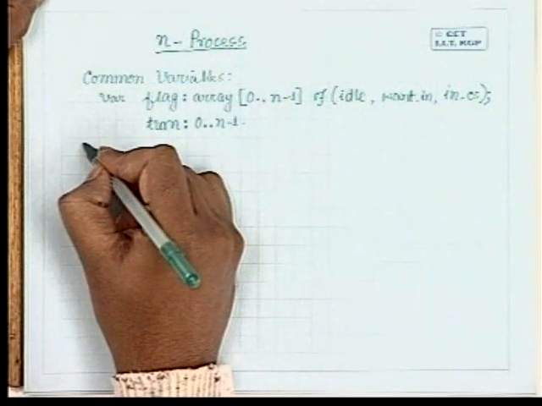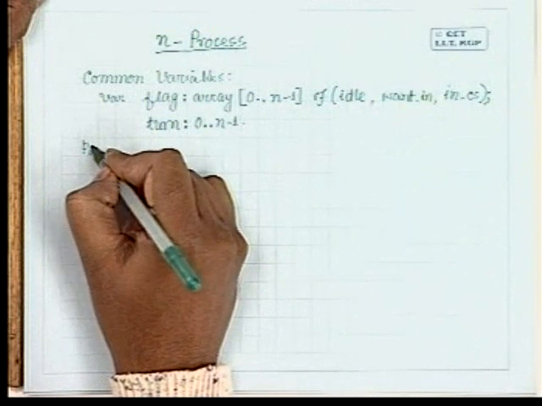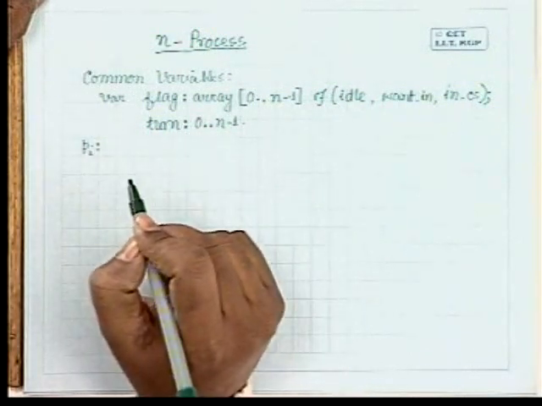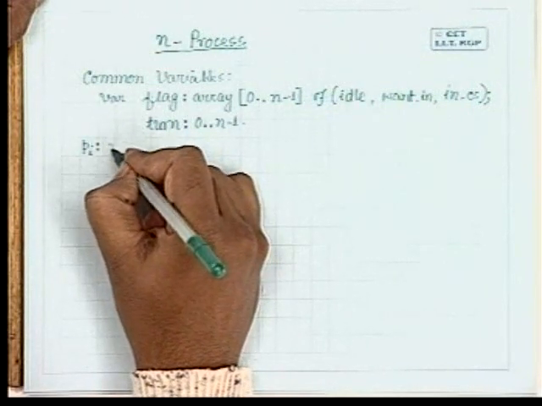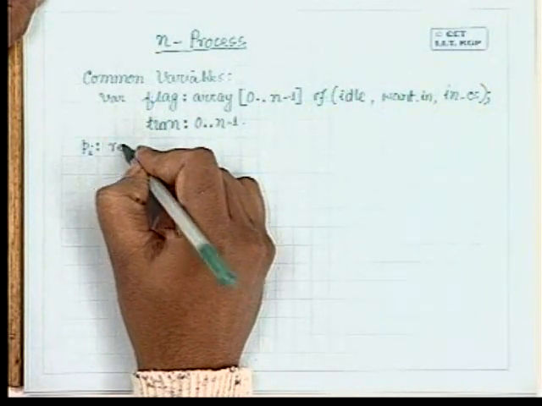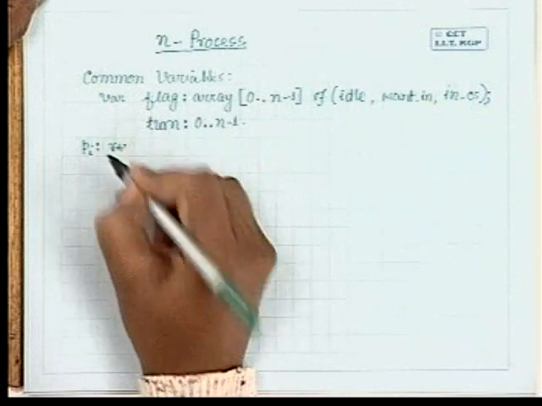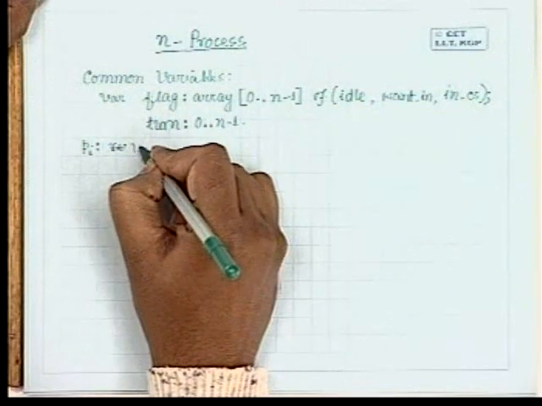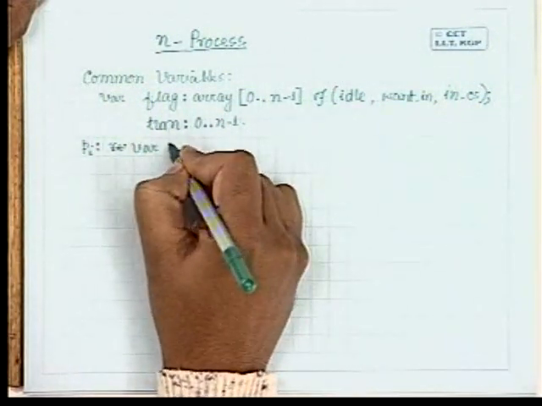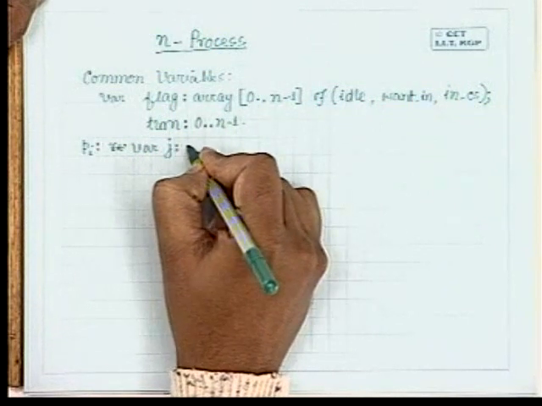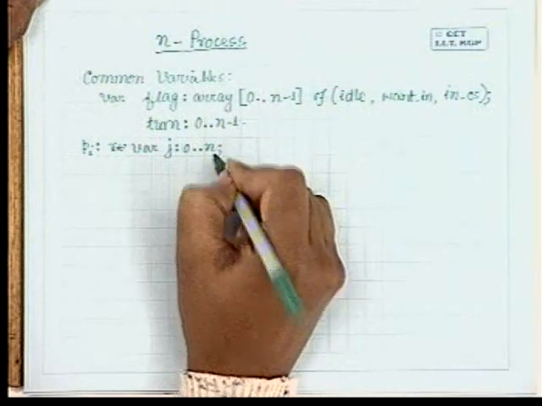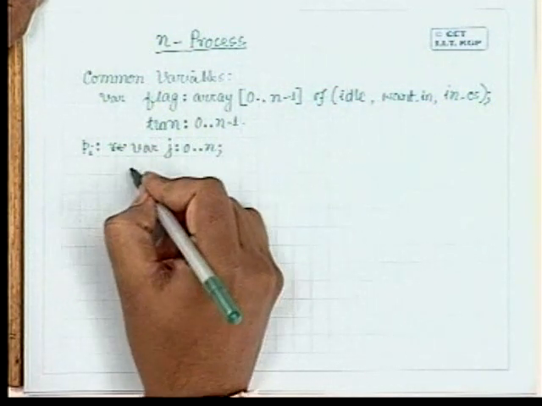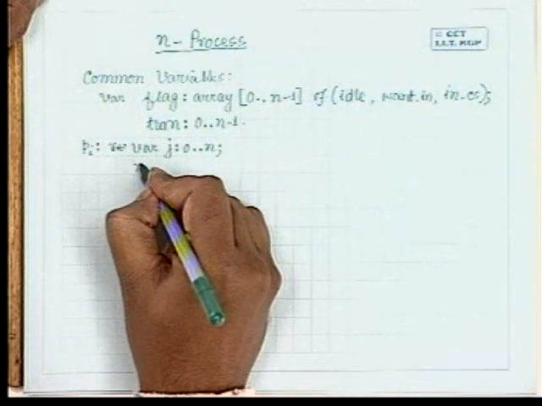Then for the ith process, Pi, the solution will be something like this. The ith process itself will have a local variable, say j, which can assume values from 0 to n. Then the entry section will be like this.